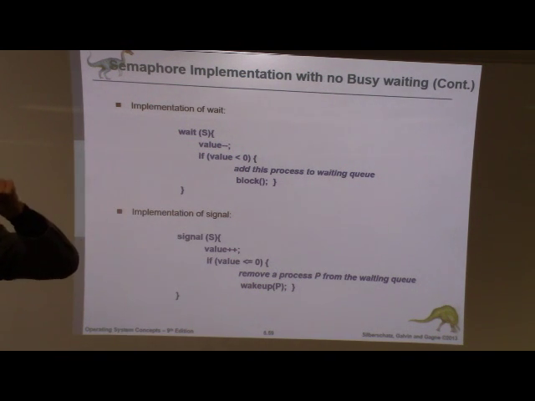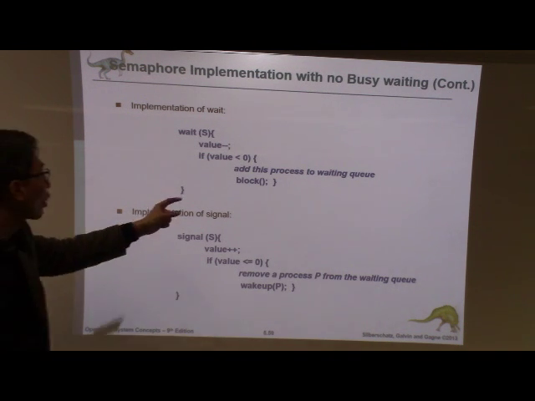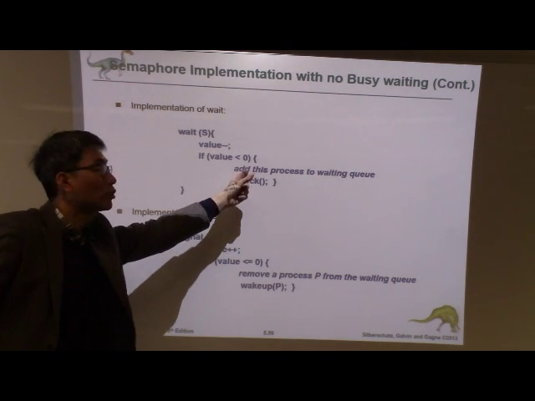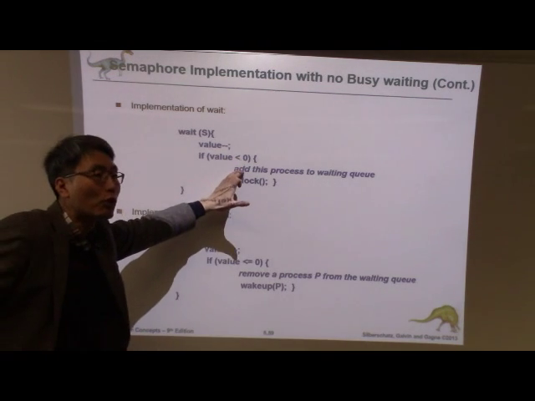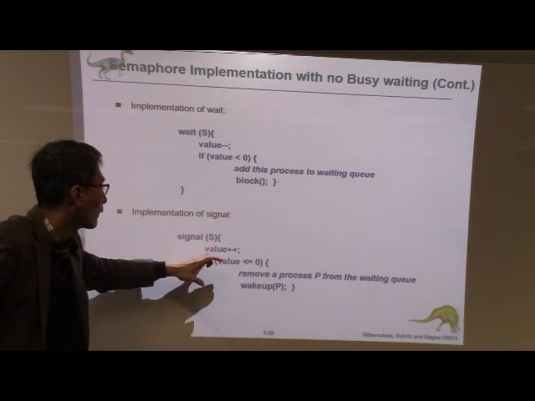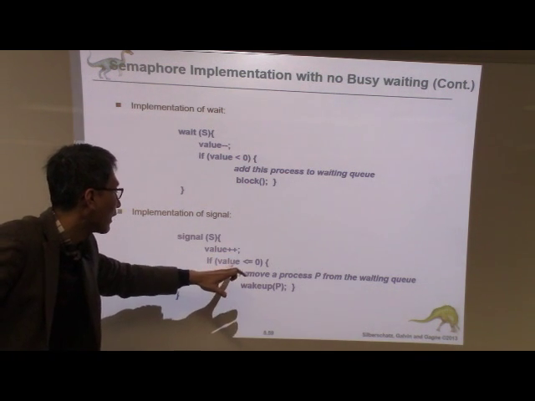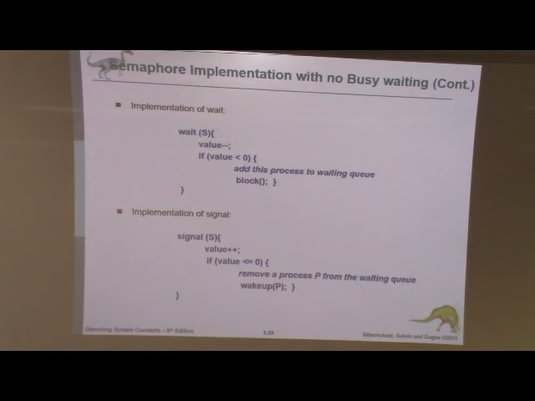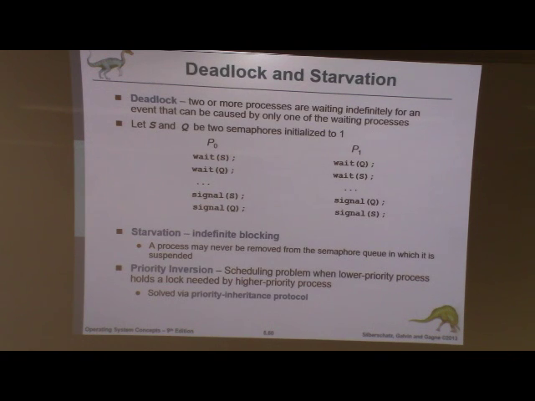Probably it's the PCB, the process control block, which will be added to some type of queue. Then in the case of signal, the value is increased, and we can select one of the processes. That is the wakeup operation.